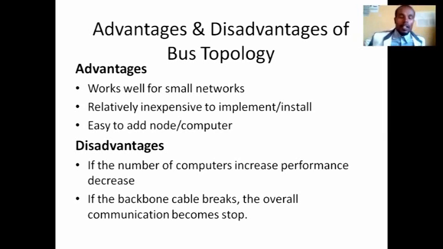It's easy to add more nodes or computers; we can simply add any additional computer to this bus topology. As for disadvantages, if the number of computers increases, performance decreases. The second disadvantage: if the backbone cable breaks, overall communication stops.